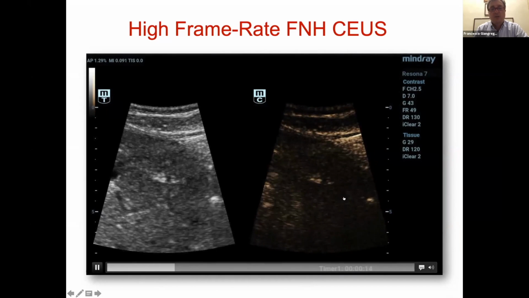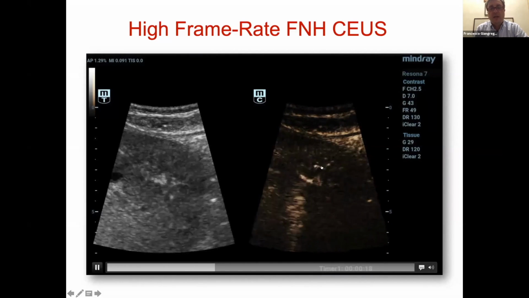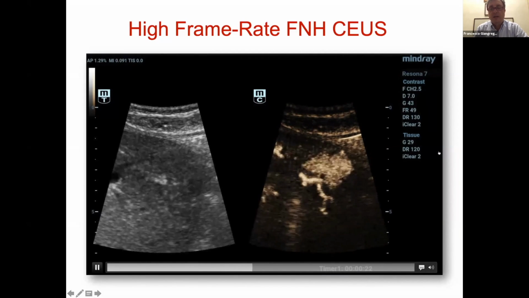You can really study the capillaries in this case, and you can study them in real time.